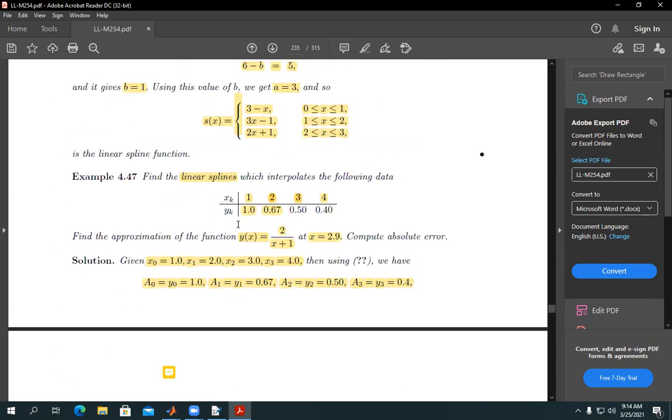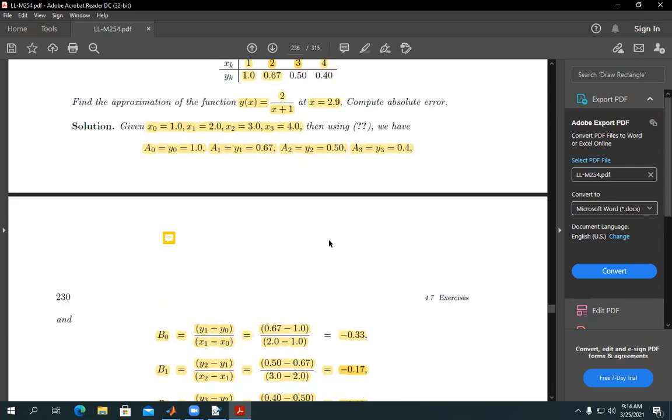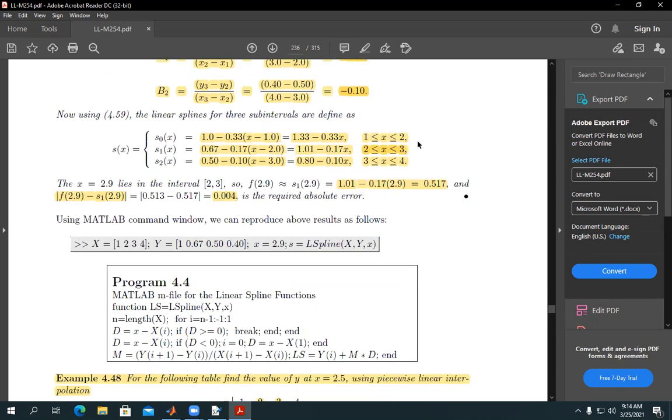Then the second part, he says, find the approximation of y equal to 2 over x plus 1 at this point using the suitable subline, the best subline. So you have the sublines from 1 to 2, 2 to 3, and 3 to 4. Now you have to approximate the function with the help of the subline.